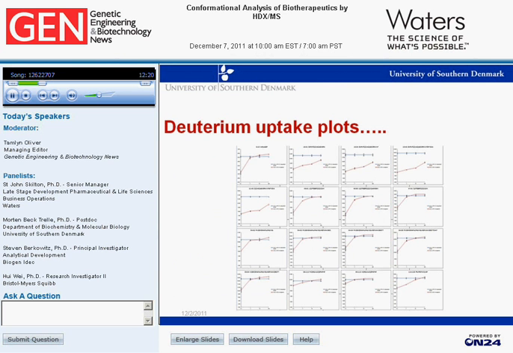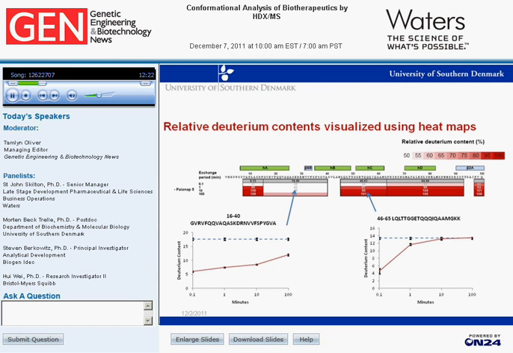So we take the deuterium content plots and we calculate for every peptide the relative deuterium content. And we then map that along the amino acid sequence. So we have the N-terminal of pi1 shown here, and you have in the gray boxes below the amino acid sequence the identified peptides, and beneath that we have the relative deuterium content, relative to the full deuteration control, for each time point measured.